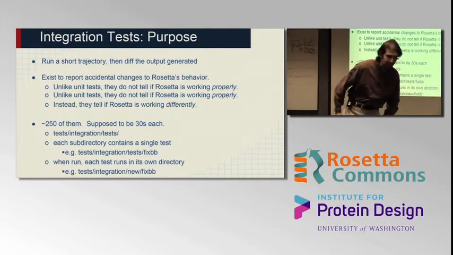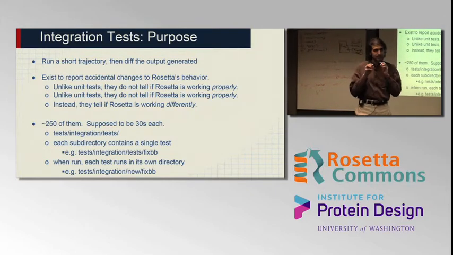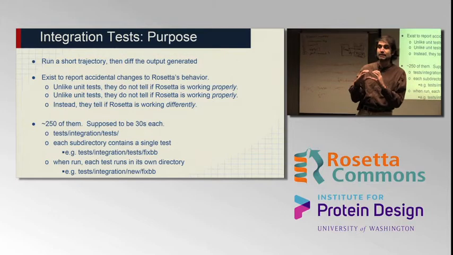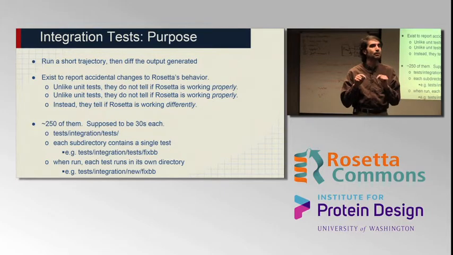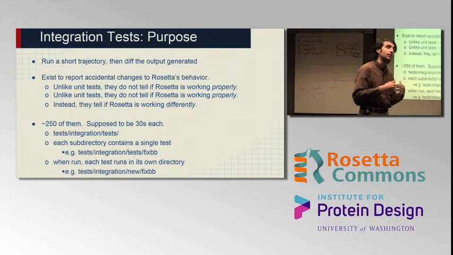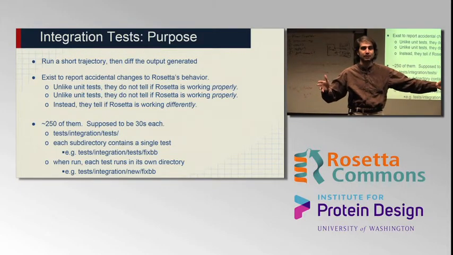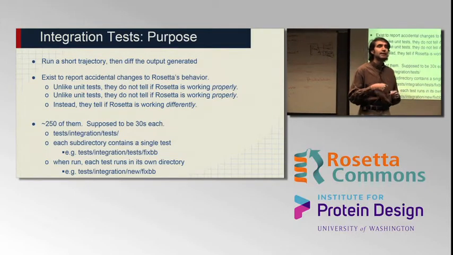So, integration tests. Integration tests are different from unit tests. Unit tests are testing one module, more or less in isolation, and asking, is this module working correctly? Is it giving me the correct answer? An integration test, on the other hand, is typically testing the interaction between many modules, and it's a regression test. It's just asking, did the output change?